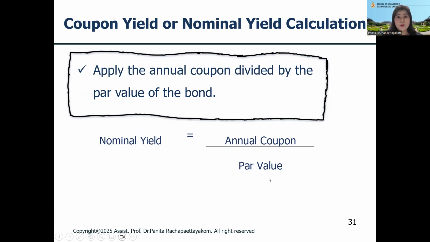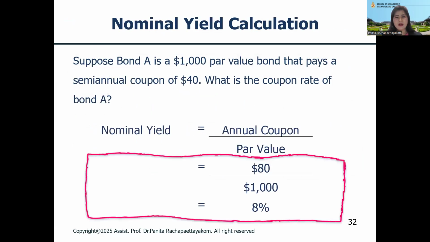The par value is 1,000. For the example on this slide, to calculate the nominal yield of investing in bond A, you apply the annual coupon of 80 divided by the par value of 1,000. You then get a nominal yield of 8%. That is how to calculate the nominal yield.